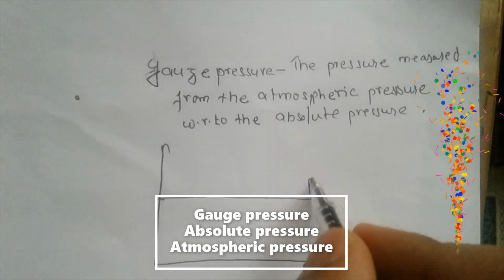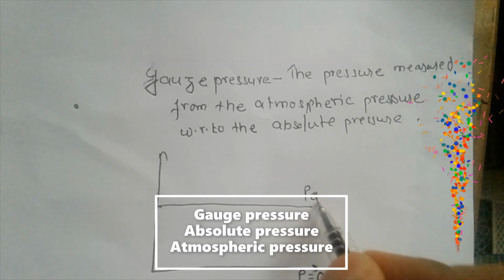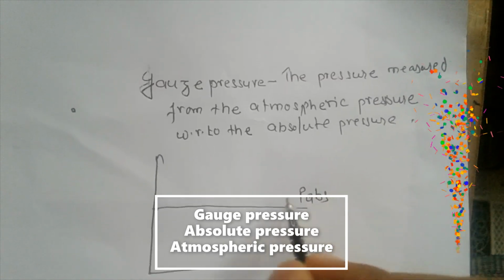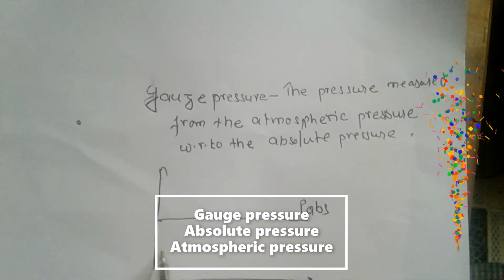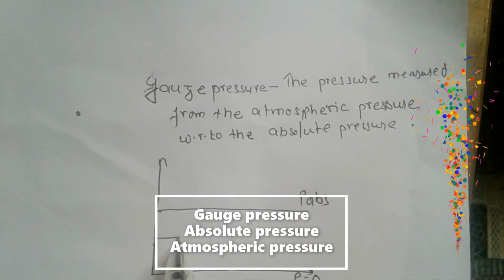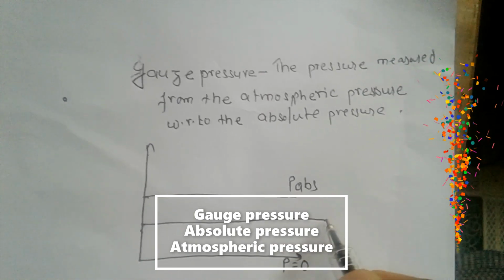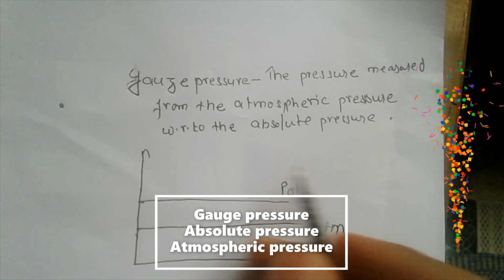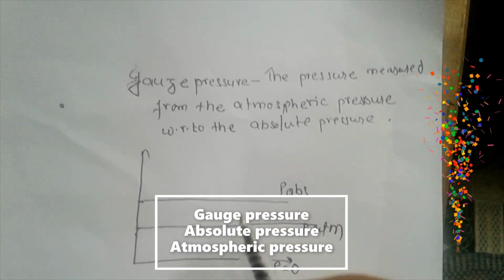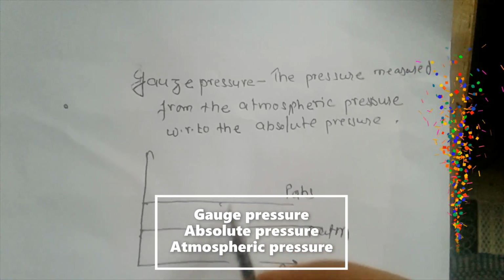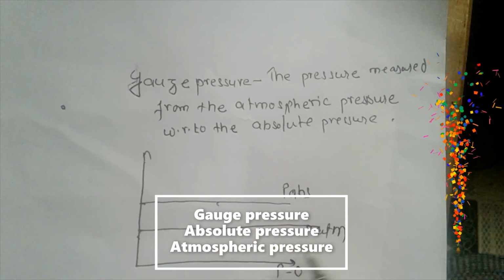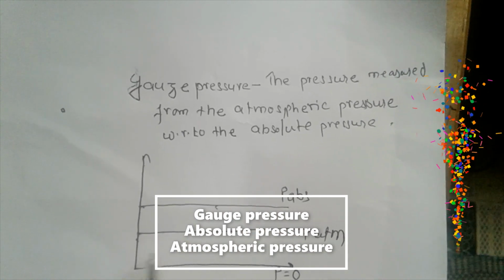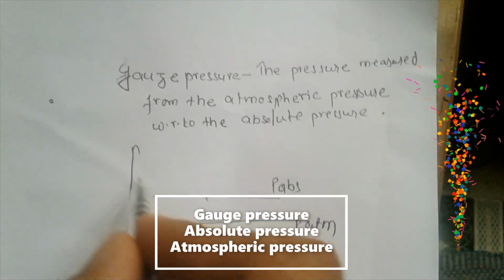I drew a curve which shows the absolute pressure to be constant and our atmospheric pressure. Atmospheric pressure can be anywhere because this is the reference, and with this reference we can find the gauge pressure.